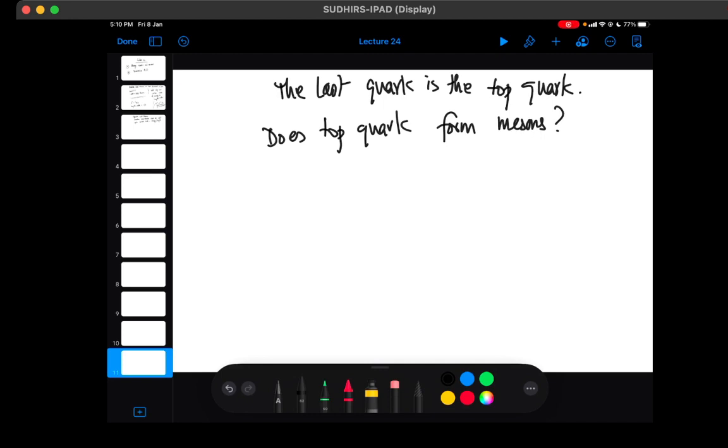No, actually, because the lifetime of the top quark is very, very small compared to the time scale of hadronization.